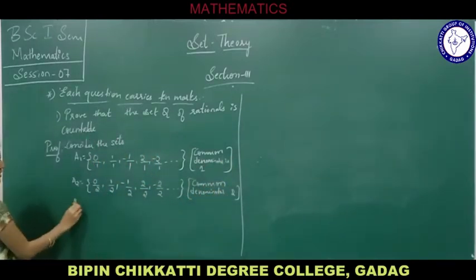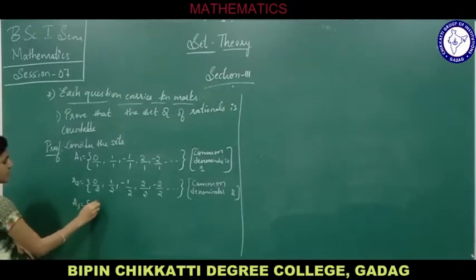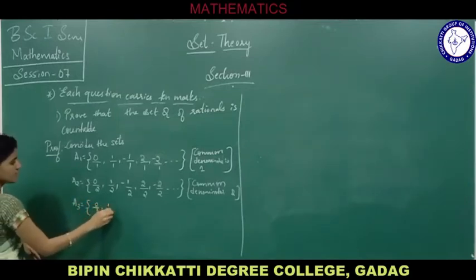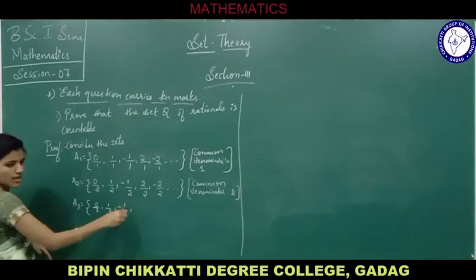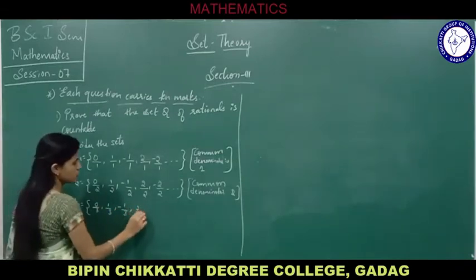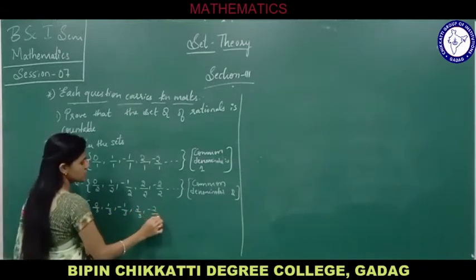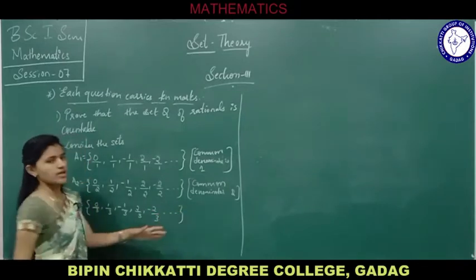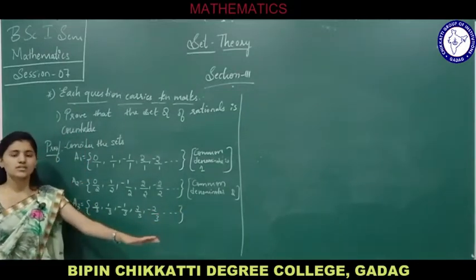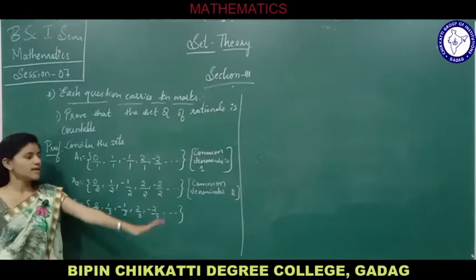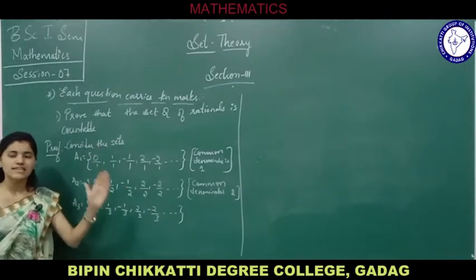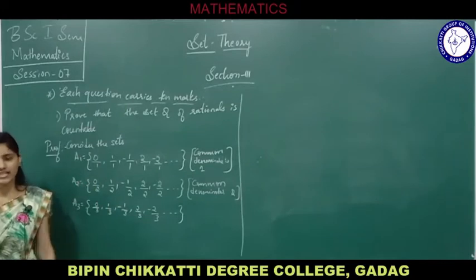The same way how can we consider A3? It will be 0/3, 1/3, minus 1/3, 2/3, minus 2/3, and so on. Again here the common denominator is going to be 3. These are the sets of what? These are the sets of rational numbers.